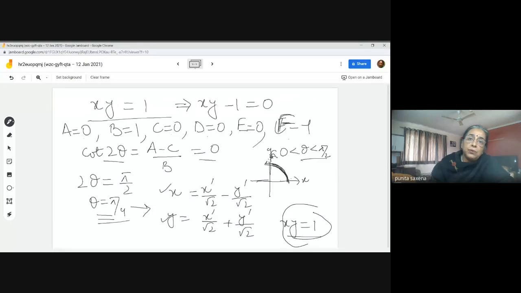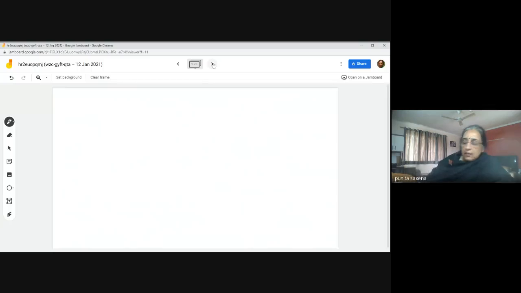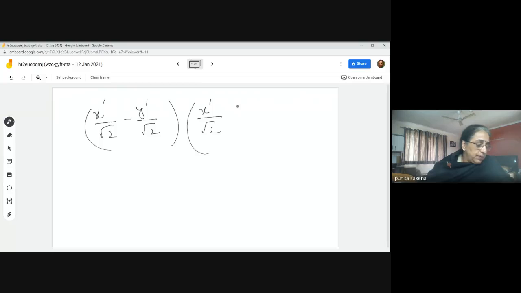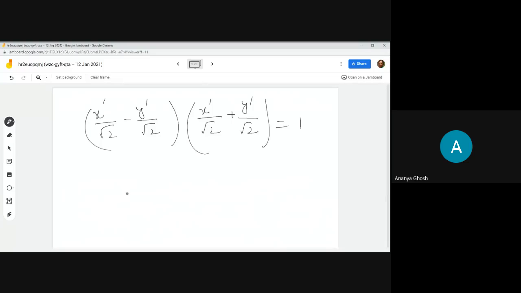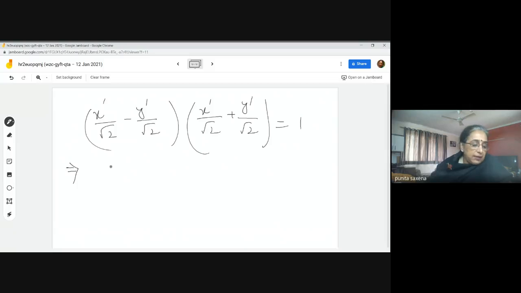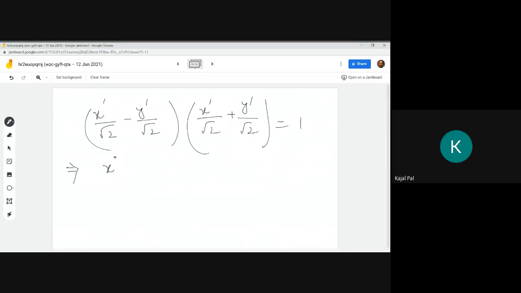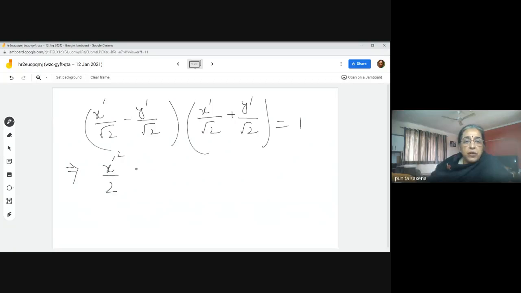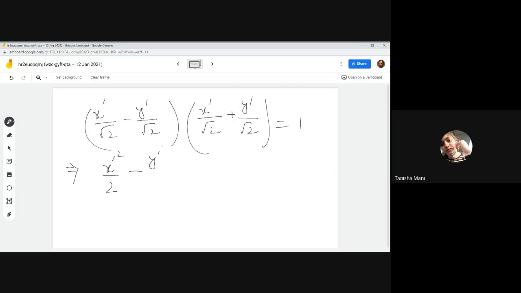What we are doing now is, my equation will be x dash by root 2 minus y dash by root 2, into x dash by root 2 plus y dash by root 2, equal to 1. This equation will form now, right? Now simplify this, so what does it become? x dash square by 2 minus y dash square by 2 equal to 1.